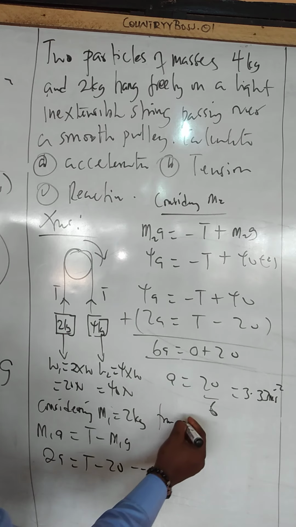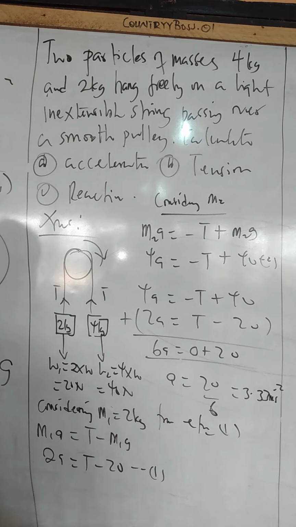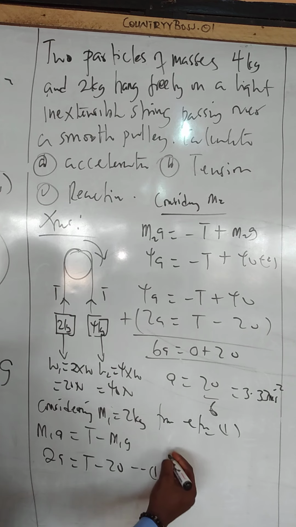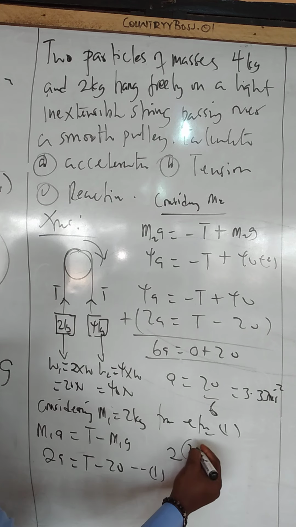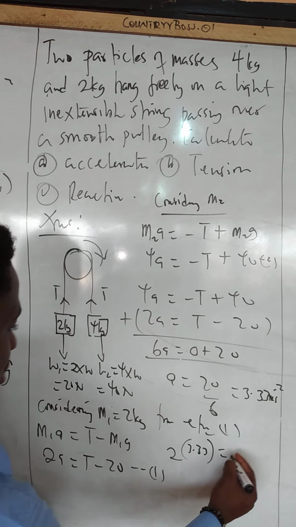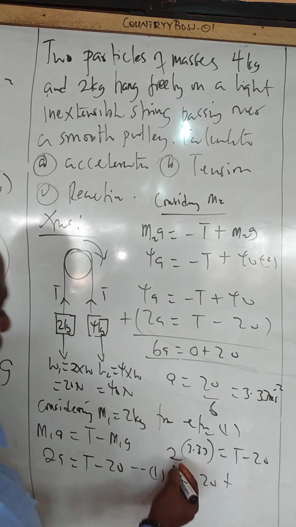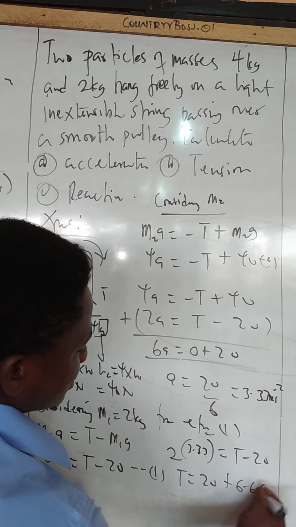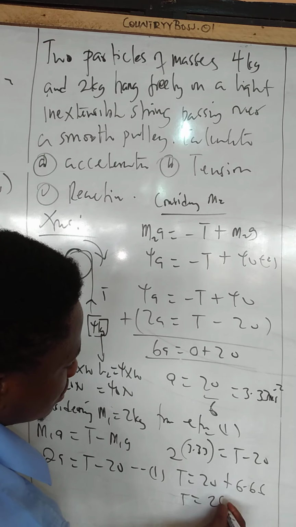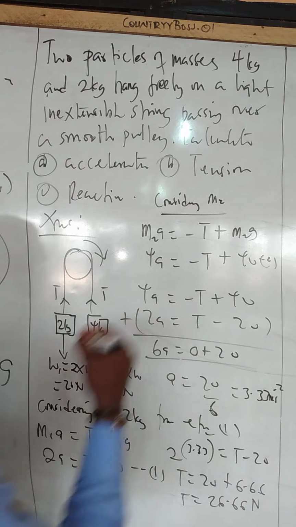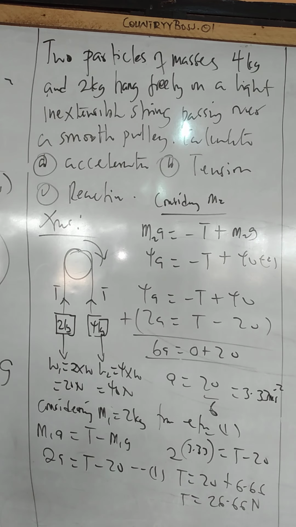From equation 1, 2 multiplying 3.33 is equal to T minus 20. So T is equal to 20 plus 6.66, so T becomes 26.66 Newton. This is how you arrive at your tension.